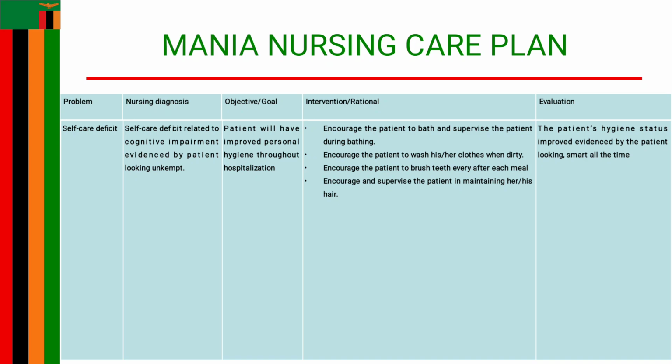With self-care deficit, the nursing diagnosis, you can say self-care deficit related to impaired cognitive function evidenced by patient looking unkempt. Then in terms of the goal, you can say patient will have improved personal hygiene throughout hospitalization.